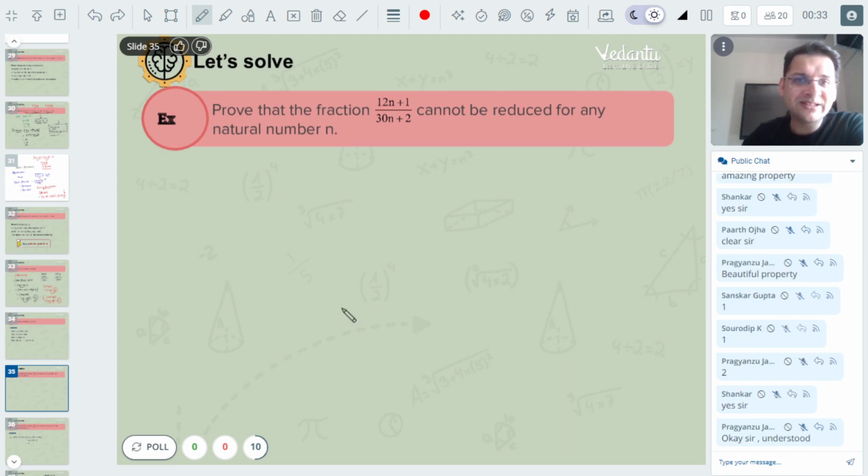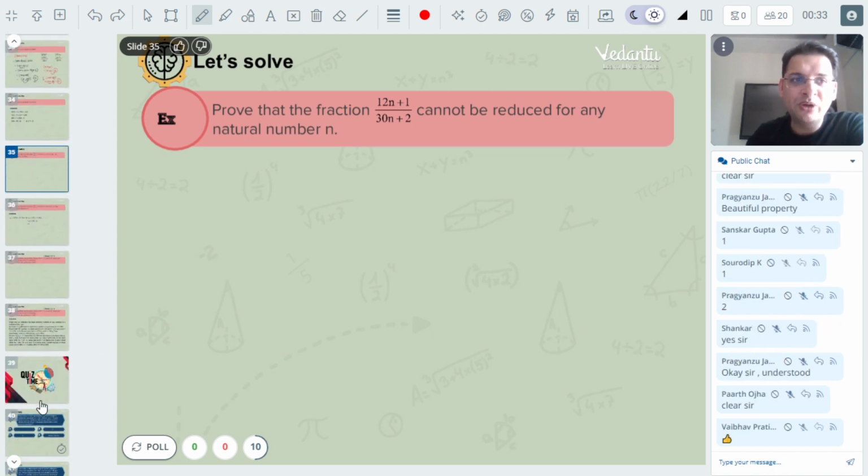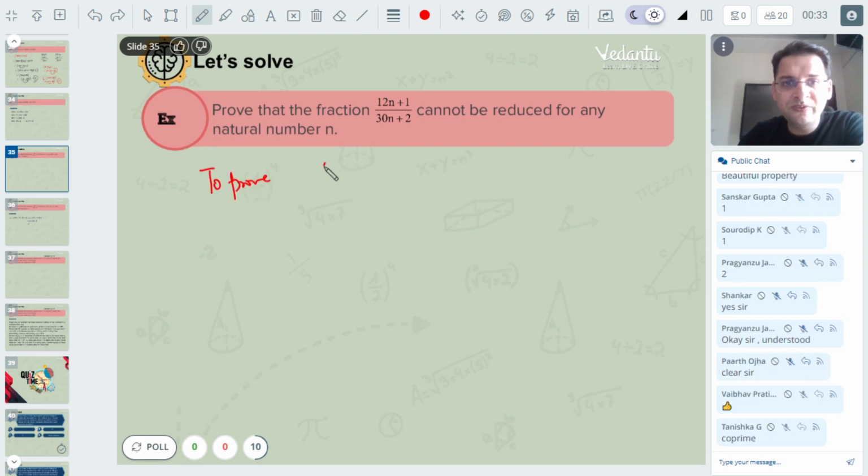Alright, prove that the fraction 10n plus 1 upon 30n plus 2 cannot be reduced for any natural number n. They can't be cut. In other words, what we need to prove is that they are co-prime. 10n plus 1 and 30n plus 2 are co-prime.